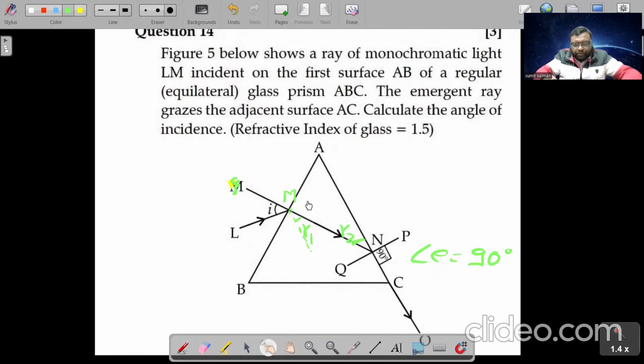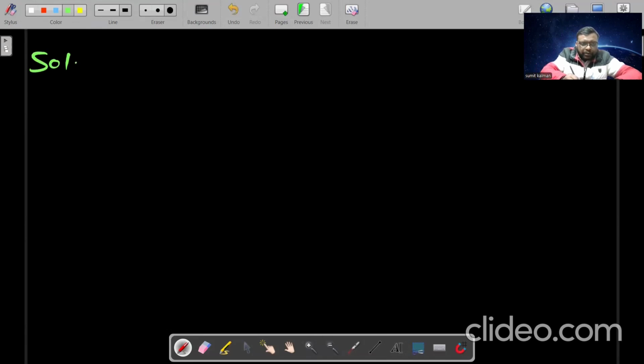So I hope all these notations are clear. So students, we have to calculate the angle of incidence here, and this is an equilateral triangle. So here, solution.